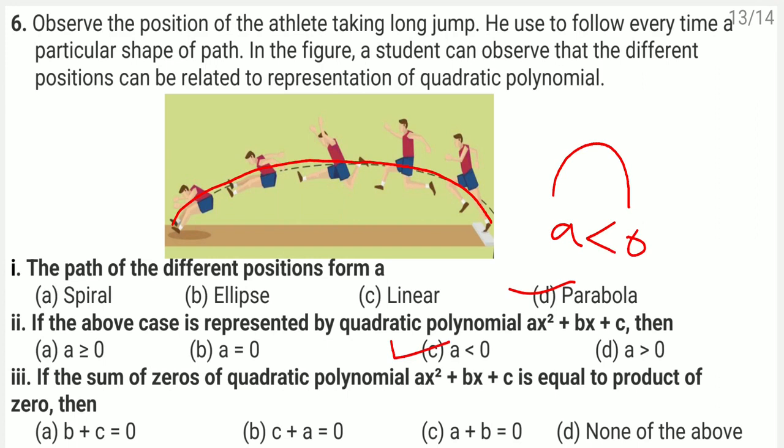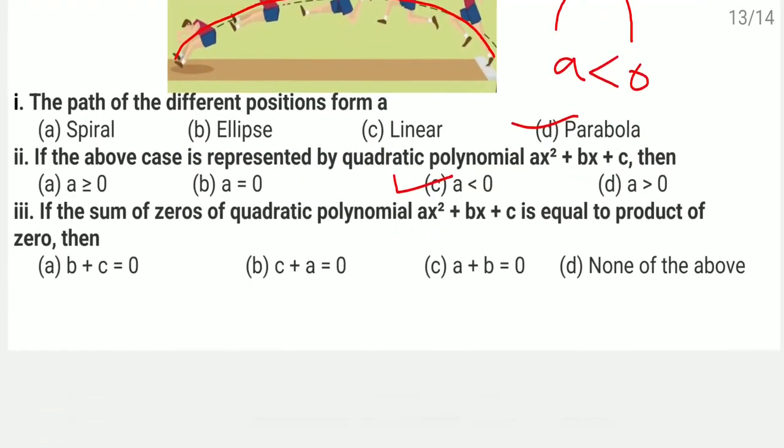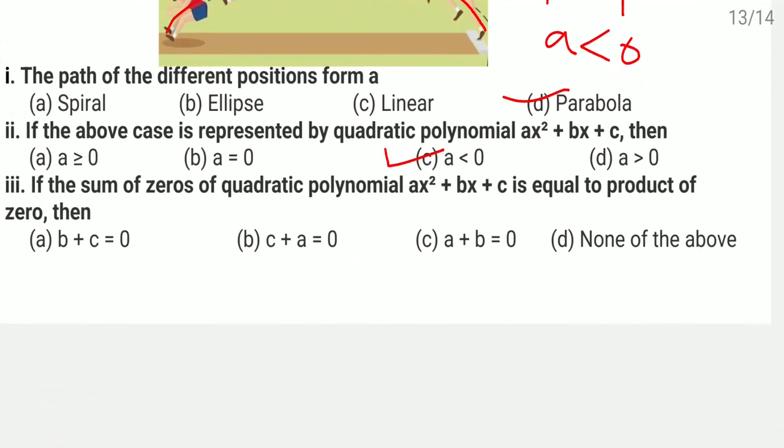Come to the next one. If the sum of the zeros of quadratic polynomial ax square plus bx plus c is equal to the product of zeros, then which option is the correct one? They are saying sum, that means alpha plus beta, which is equal to alpha beta. Now alpha plus beta, what is the formula?